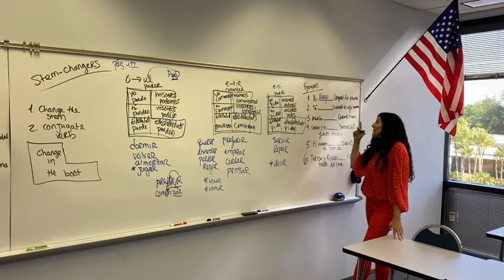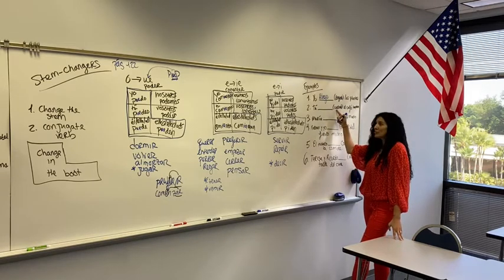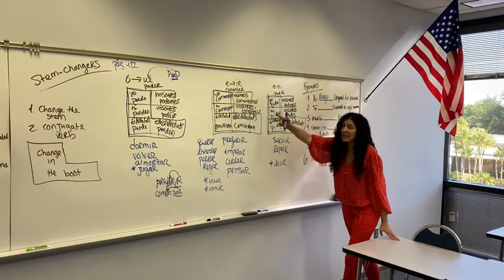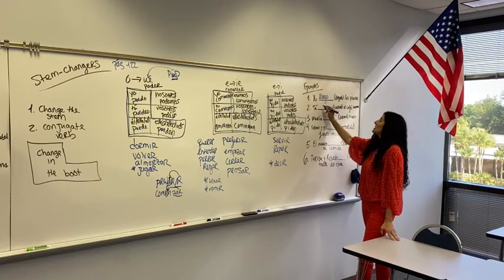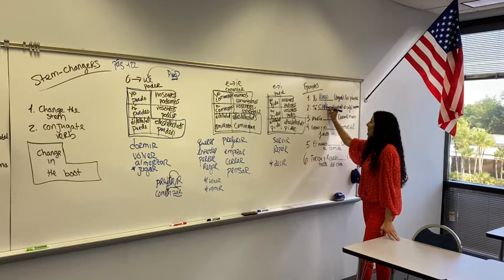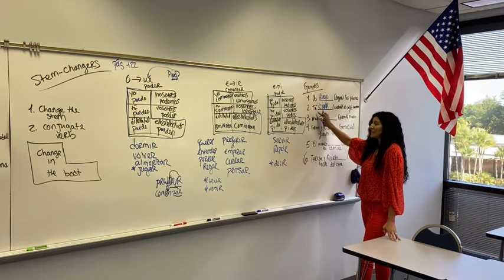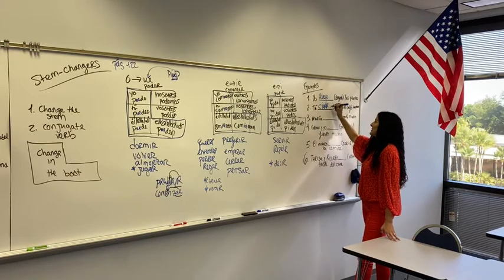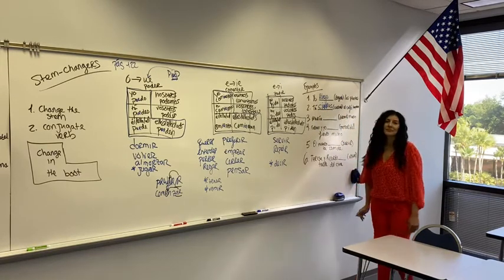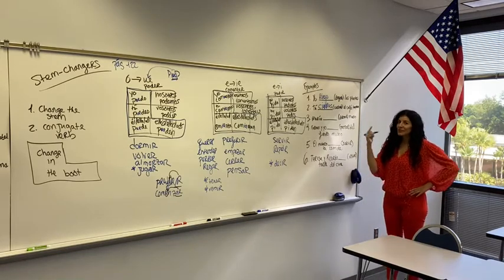So we wanna rewrite the ending to make sure that we change the E to IE. So I wanna change the E to IE, and then it's an AR verb, so I need the tú form in the present tense of the AR verb, which is AS. See, it's just an extra step.